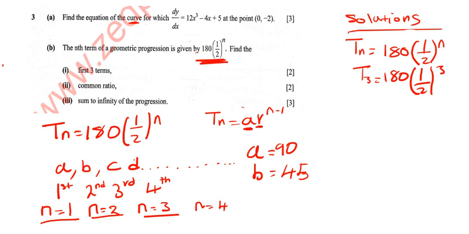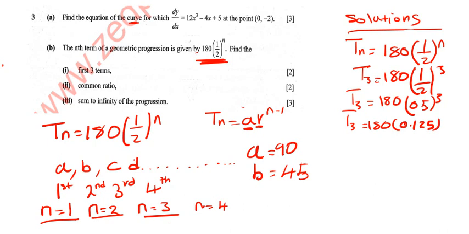So you say t3 is equals to 180 open bracket, and then you say 0.5 to the power 3. So you say t3 is equals to 180 multiplied by 0.5 to the power 3, it is what, 0.125.